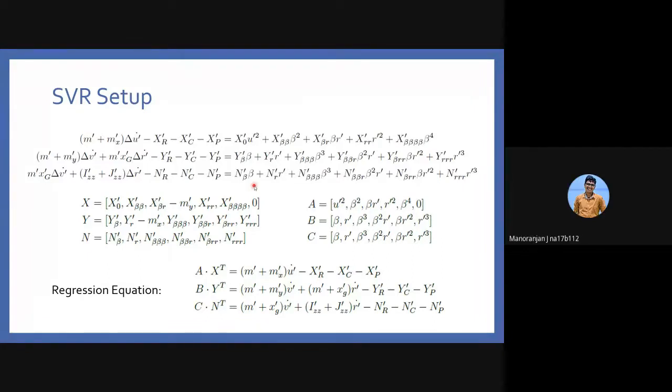I have another question, sir. Will there be any relation between the lower order coefficients and the higher order coefficients? Relation in terms of? Is there some relation between the lower order and the higher order, which we can try to model?